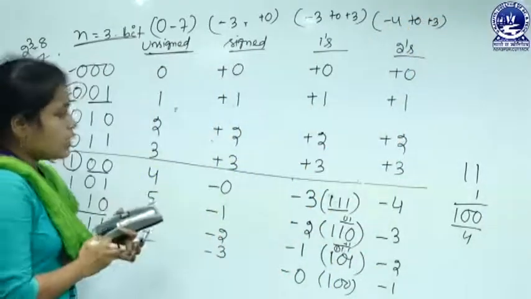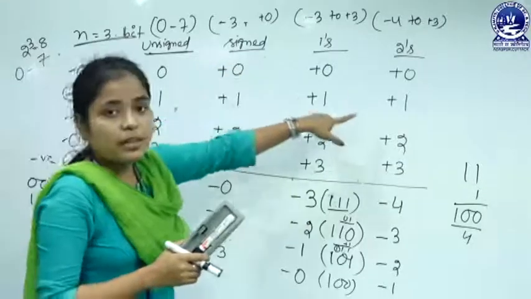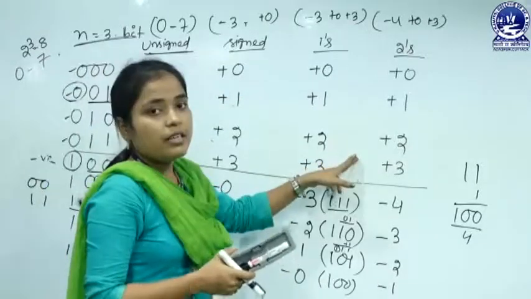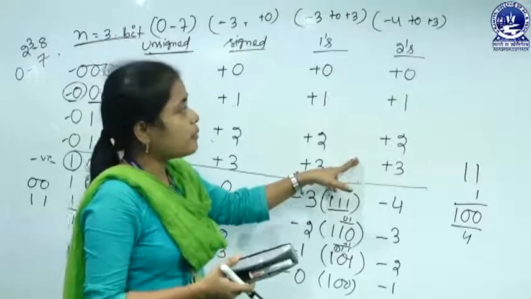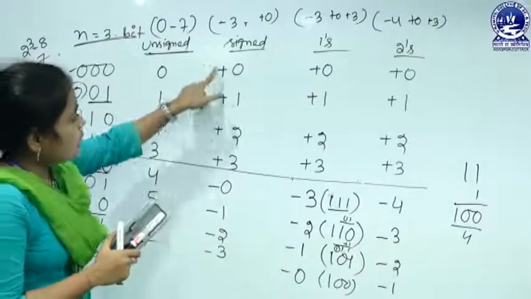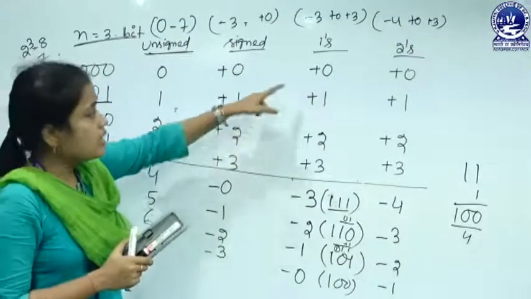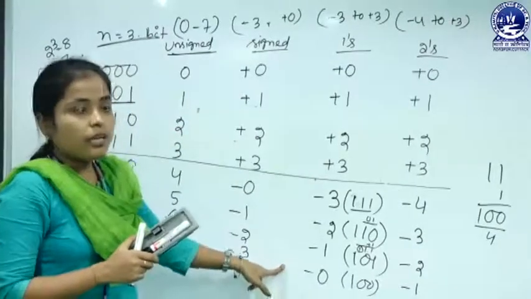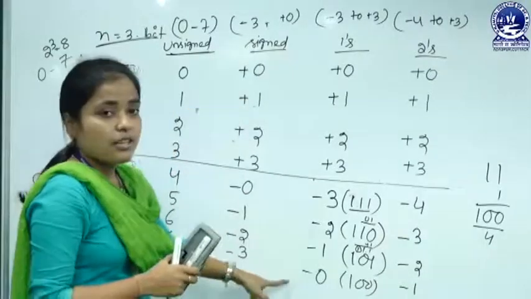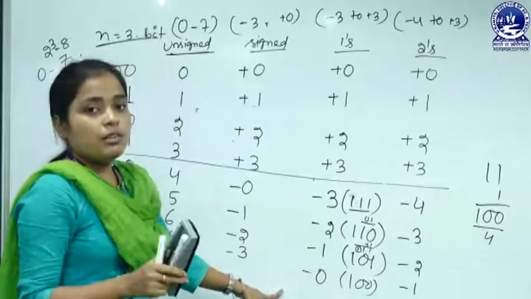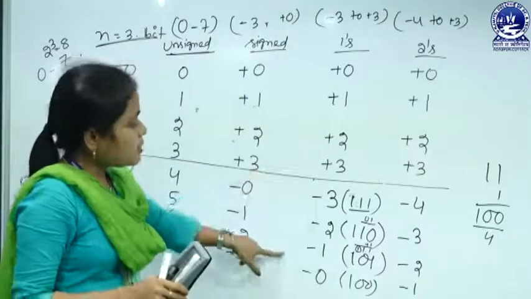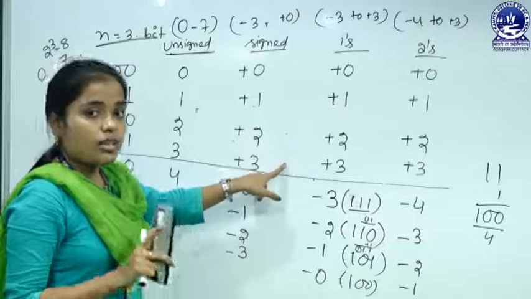I have told you before that among these three representations of a signed value, we prefer 2's complement in most cases, and systems also prefer 2's complement. What is the reason? Because in both signed magnitude and 1's complement we have two zero values, plus 0 and minus 0, but in many arithmetic problems we do not want values like minus 0. 0 is neither positive nor negative, it is only one 0 value.